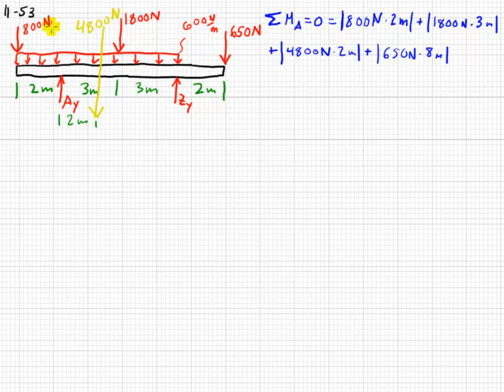And now we just need to deal with the directions of each. The 800 Newton force is creating a counterclockwise motion around point A, so that's positive. The 1800 Newton force is creating a clockwise motion, which is negative. Same thing with the uniformly distributed load, clockwise, negative, and the 650 Newton force as well, clockwise, negative.